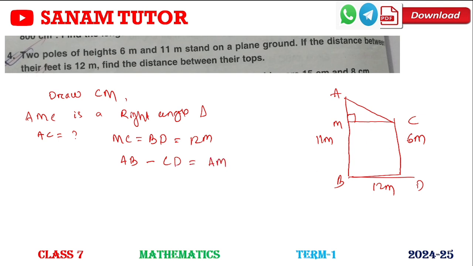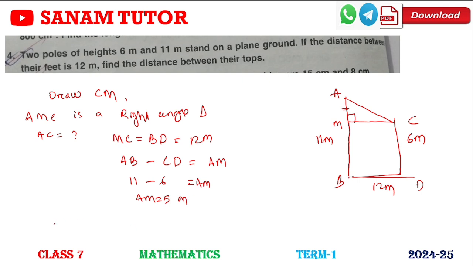So 11 minus 6, you will find the AM, that is 11 minus 6 equal to AM. So AM equal to 5. Yes or no? 5 meter.